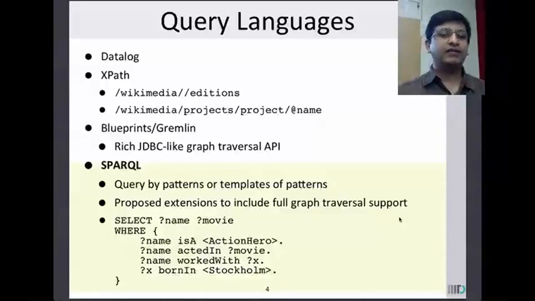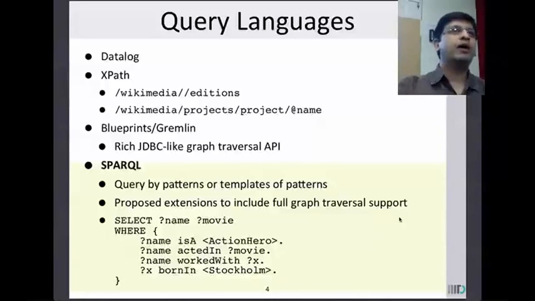So there they said, okay, most of the queries that we focus on in Sparkle, which has a recursive definition, we will not get into that. Okay, Sparkle is a query language, right? That's basically what Sparkle query language. So the focus there was, now given this RDF graph, most of my queries are going to be query by patterns.